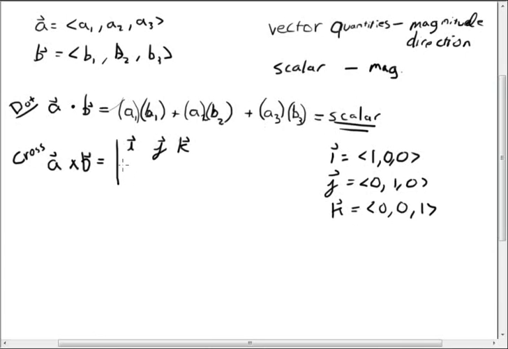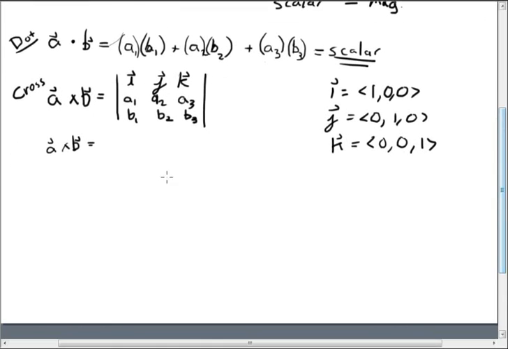So that's the first row. The second row is A1, A2, A3. The third row is B1, B2, B3. Now, if you don't already know how to do a determinant, basically what this simplifies out, or a 3 by 3 determinant, this simplifies out to A cross B is equal to, I'm going to extend my screen, hang on.